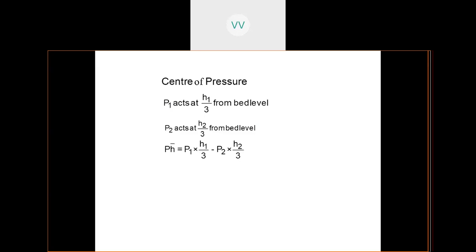So here you have P1 H1 minus P2 H2 by 3, you take it common and bring this P downward. So you get a value of P1 H1 minus P2 H2 by 3P, where capital P acts at H bar from the bed level.